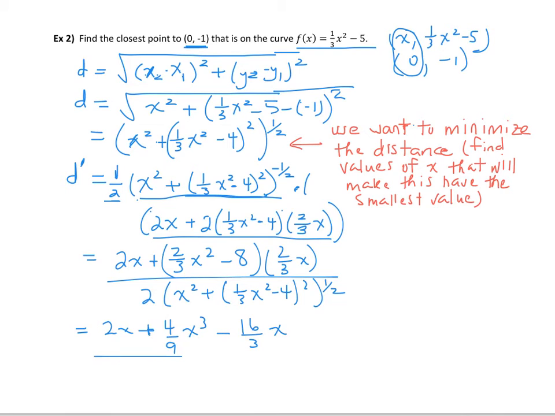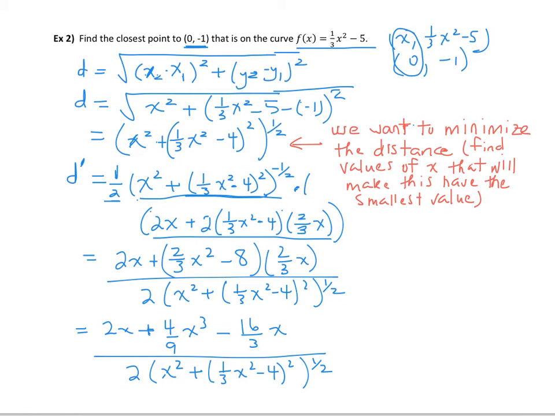Ooh, that's not pretty because I have fractions in a fraction, which, yuck. But that's okay, we'll deal with that. And there we are with that one. Now, let's see what we need to do with that.